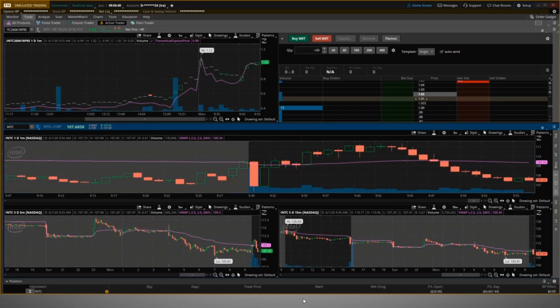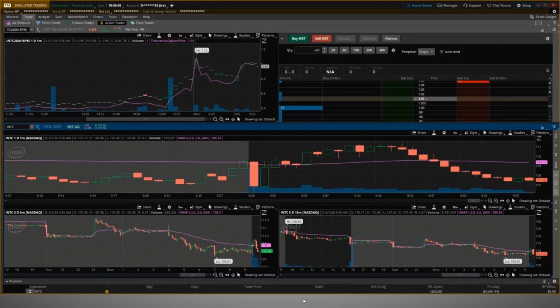Now that it's creeping to 10 a.m., the noise has basically subsided, and the stock is reacting according to all the volume being traded.